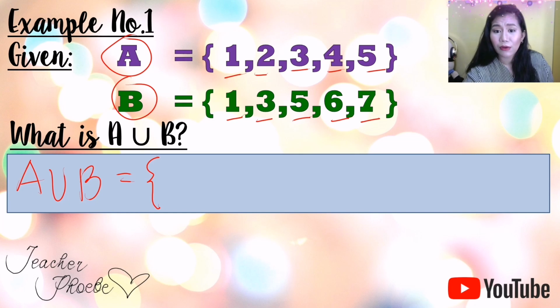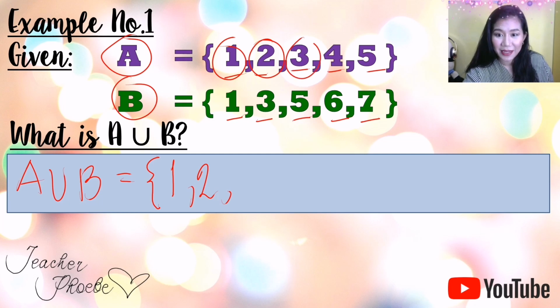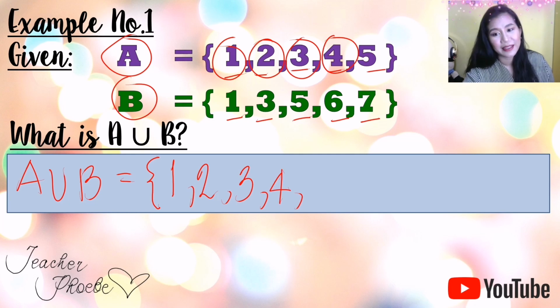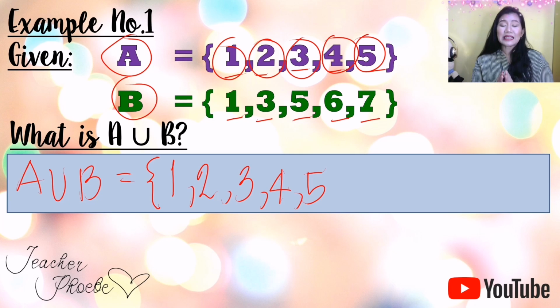And then list down the elements that are found in A. So you write down 1, then 2, then 3, then 4, and then 5. So we've only listed down the elements that are found in A. We have not yet listed down the elements that are found in B.